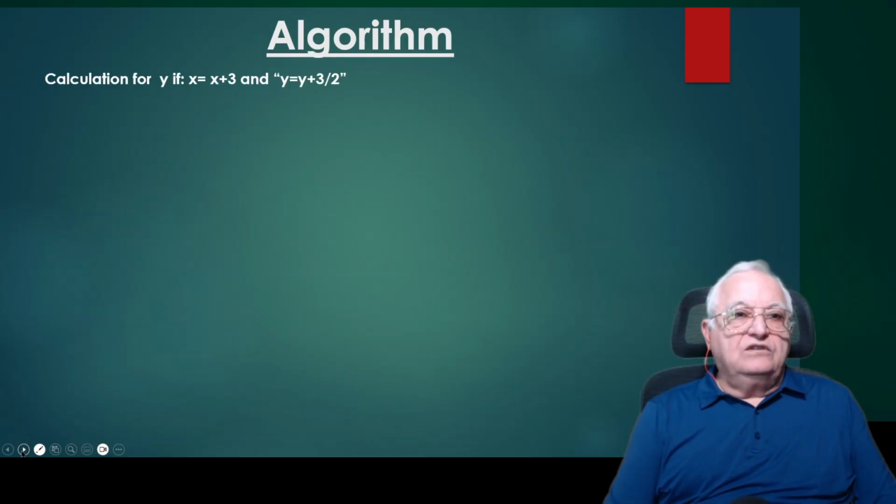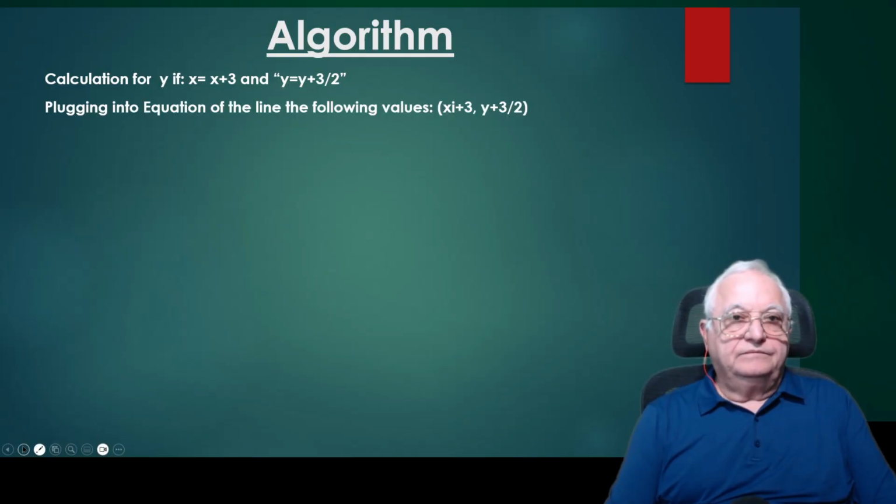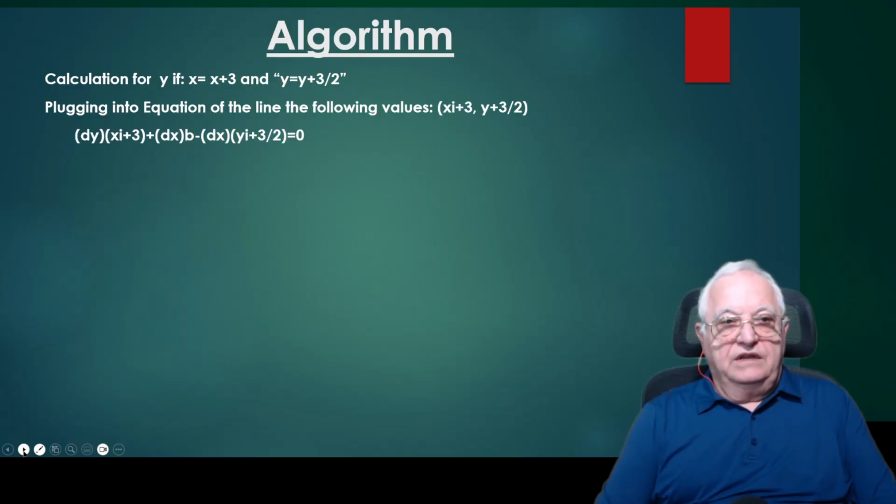Now let's look at the equation where x is incremented and y is also incremented. In this case it would be x plus 3, and y would be y plus 3/2. This is the value we have to evaluate, and we plug it into the equation again.